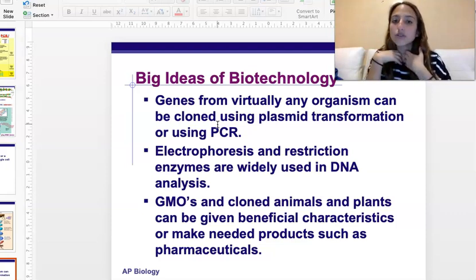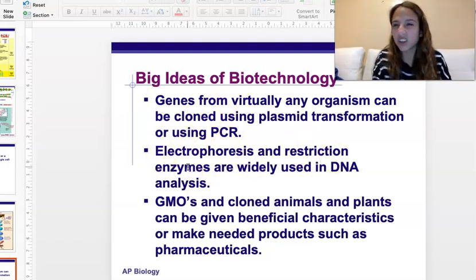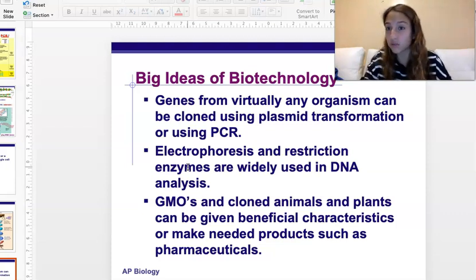Okay, we can also test different fragments of length that you've cut with restriction enzymes using electrophoresis. And you can do this with a whole bunch of different things. Forensics, you can test if a person has a disease, you can test if a person has a virus.